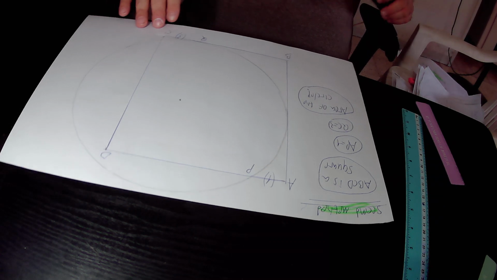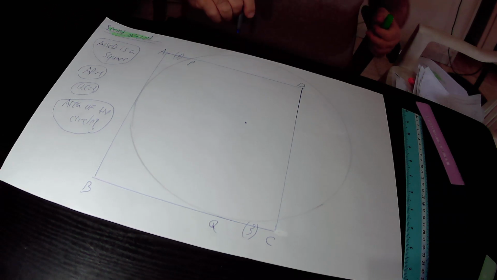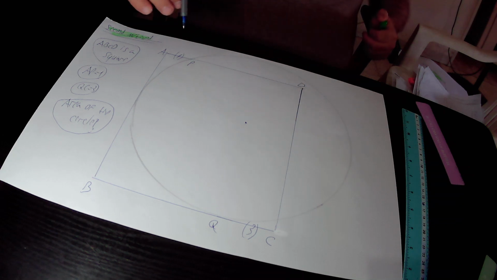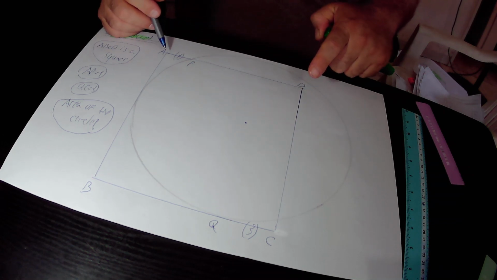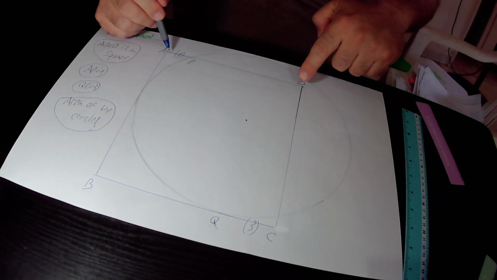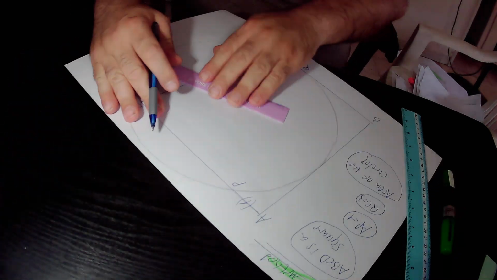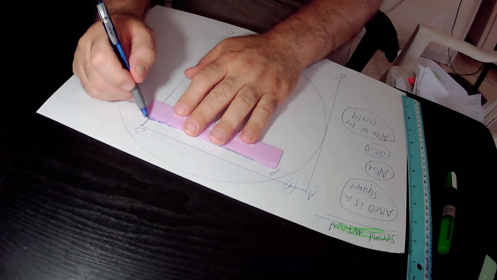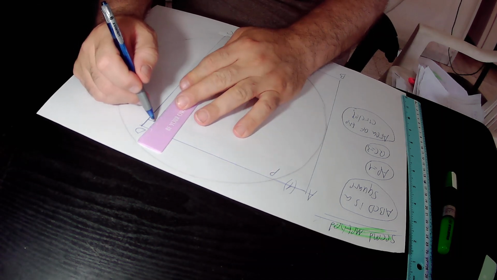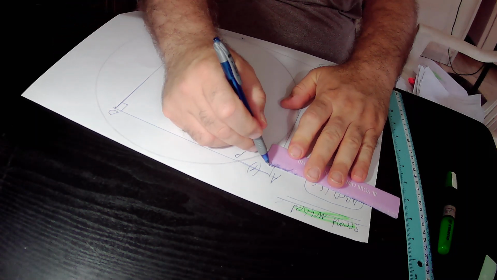So first of all, ABCD is a square, therefore all of its 4 angles are right angles. So those 4 angles are all right angles. So this is a right angle. This is a right angle.